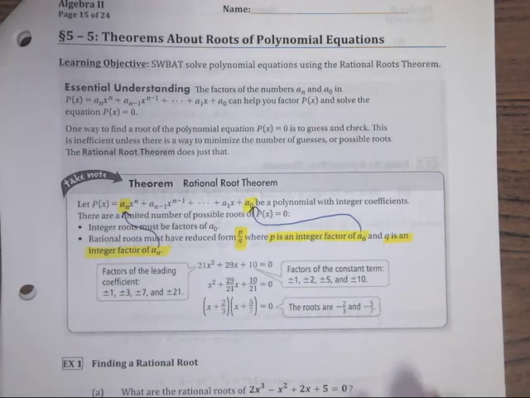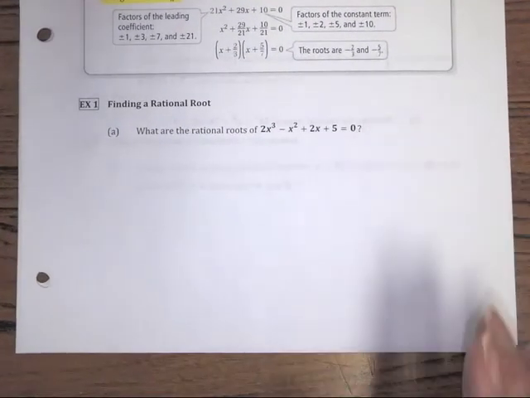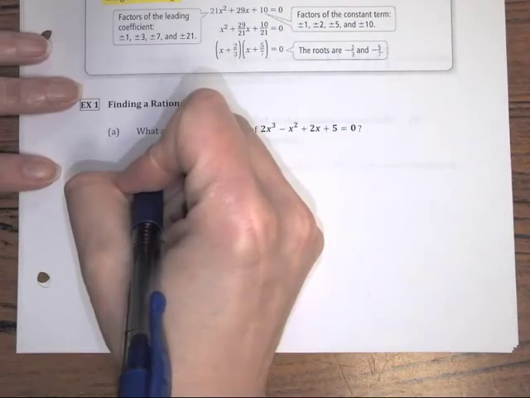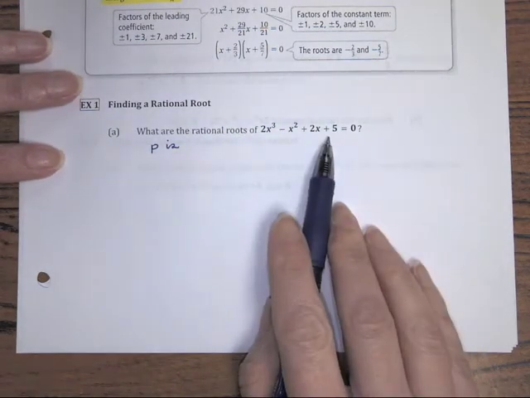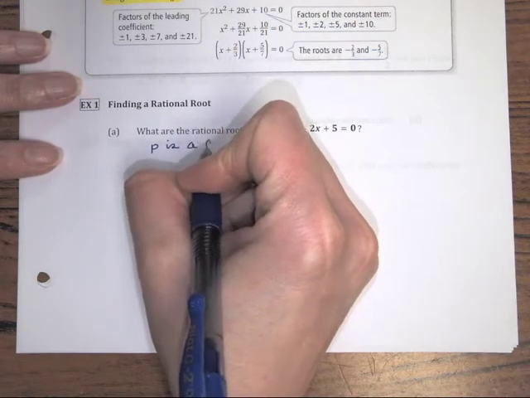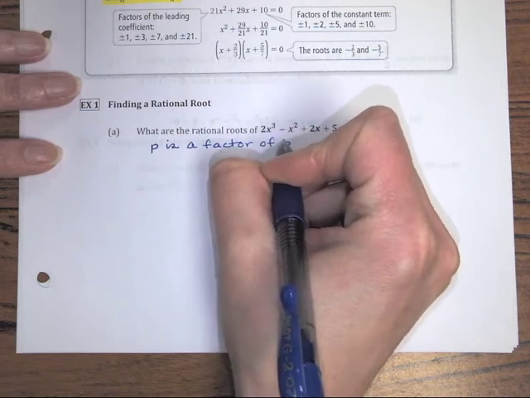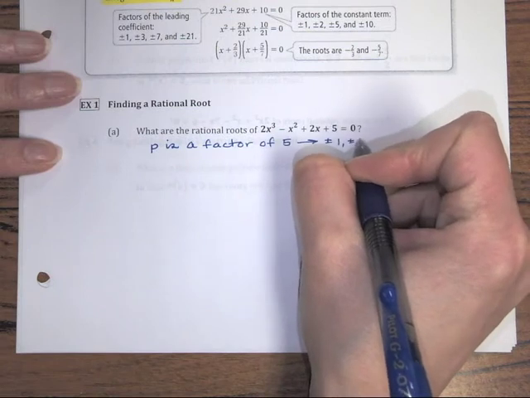All right? So let's go down here to the example we've got. It says, what are the rational roots of this expression? P has to be a factor of 5, which, would you agree, is plus or minus 1 and plus or minus 5.